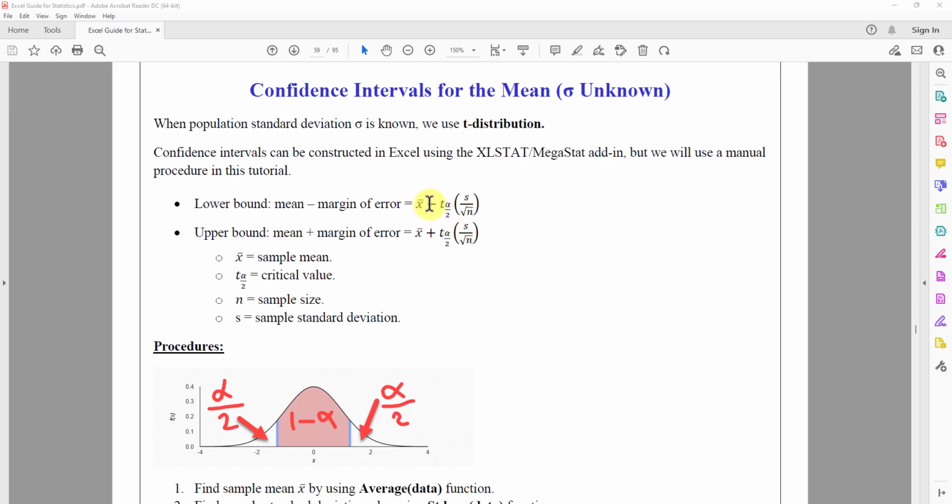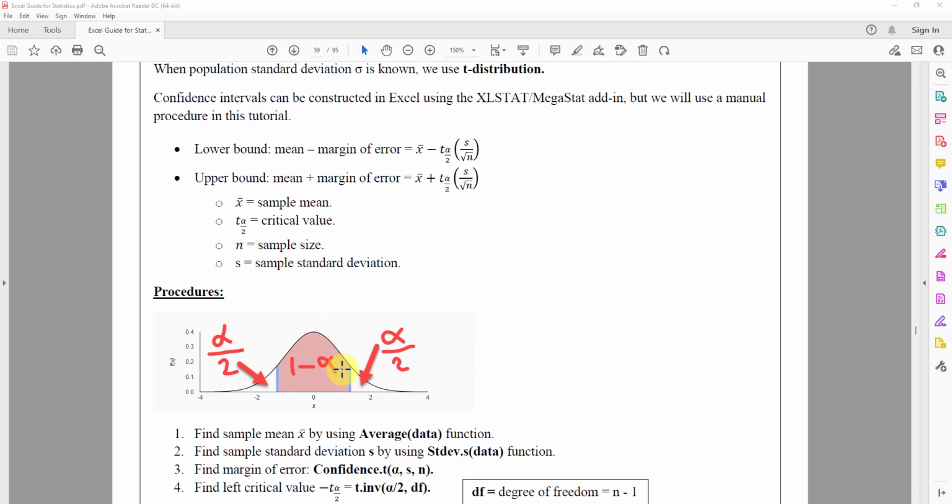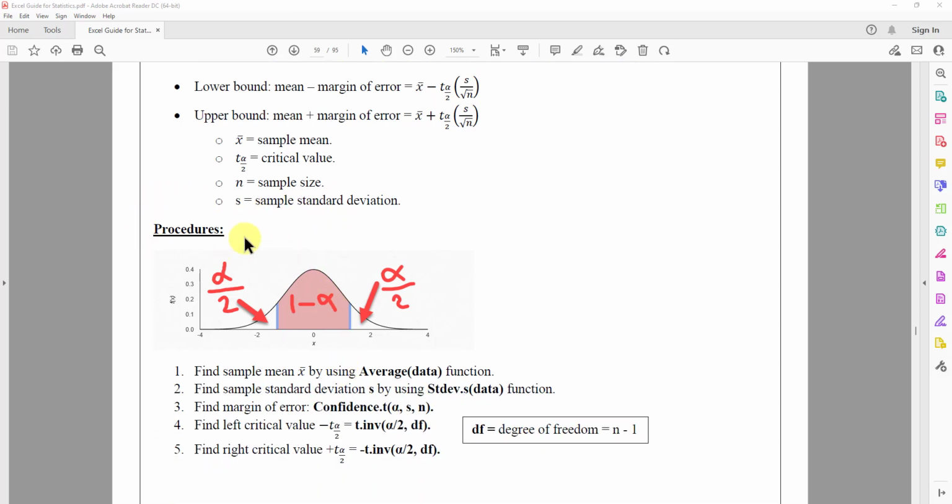The formula is very similar to the last section, except the z now is t alpha over 2, and instead of sigma, now we use the sample standard deviation, the small s. Again, the procedures are the same.